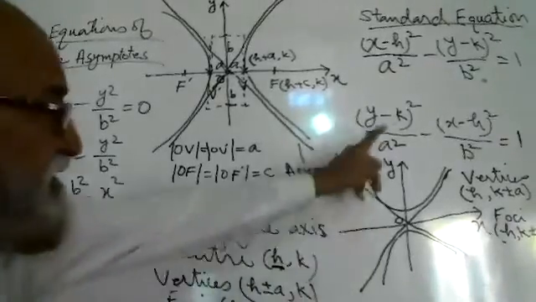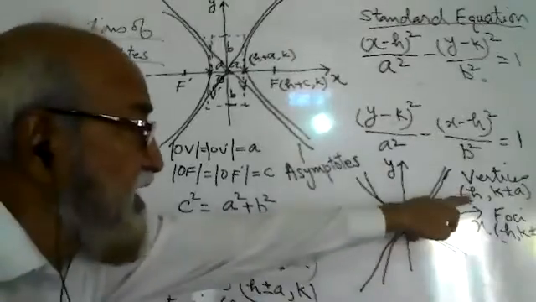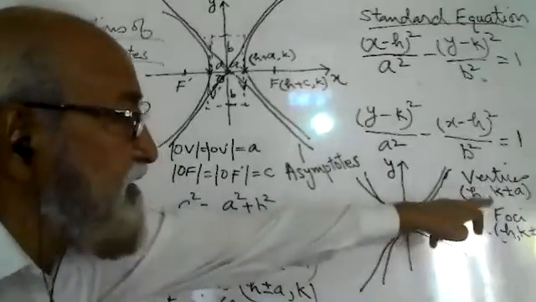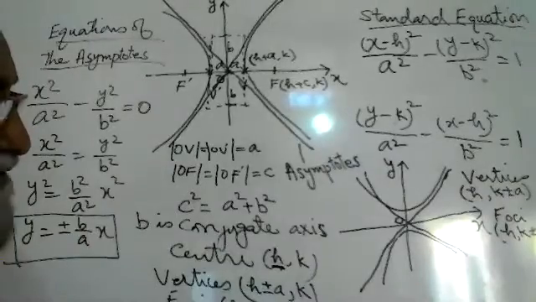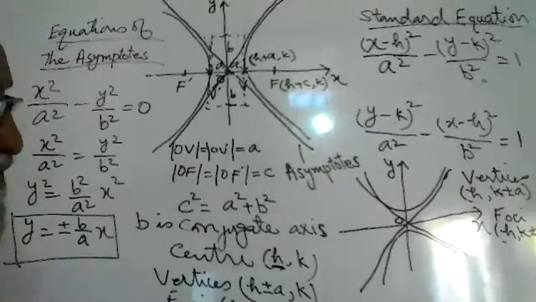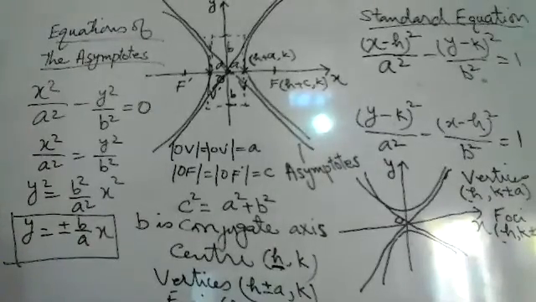If the transverse axis is along the y axis, the x coordinate will remain as it is. In the y coordinate of the center, we will add and subtract a for the vertices, and for the foci, we will add and subtract c in the y coordinate of the center, and the x coordinate will remain as it is.